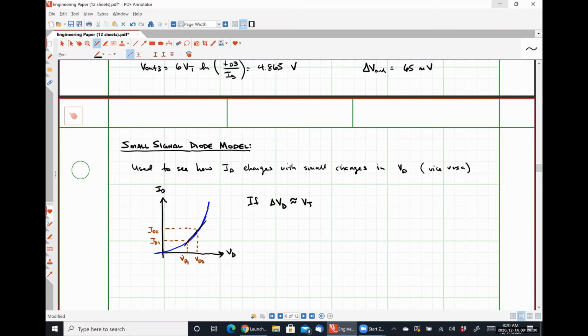So it's just effectively a tangent line like so. That's only valid around this operating point, or what's more commonly called the quiescent point, okay?